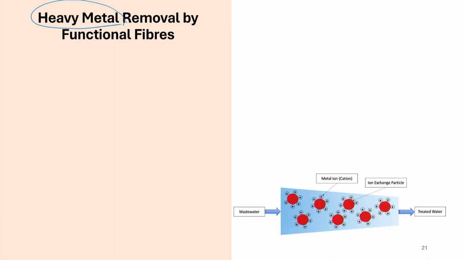So, textile material is used to remove the heavy metal from water by functionalization of the fiber. Functional fibers are used to remove the heavy metals, which protect us from different diseases.